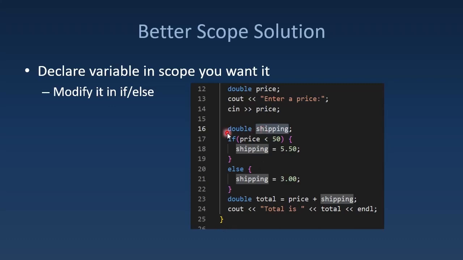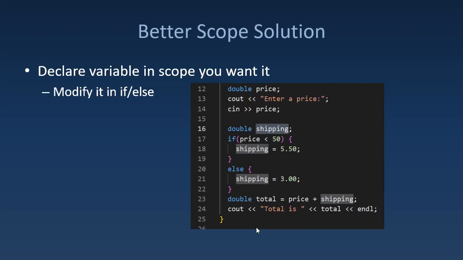Because I've declared it on line 16, outside of these narrow blocks for the if and the else, I then go into the if, or I go into the else, and I put a value into shipping. And then when I get to line 23, I can just use that value that was set by one of those two, and shipping still exists. And I'm not duplicating these lines of code on line 23 and 24. This is kind of the right way to do it.